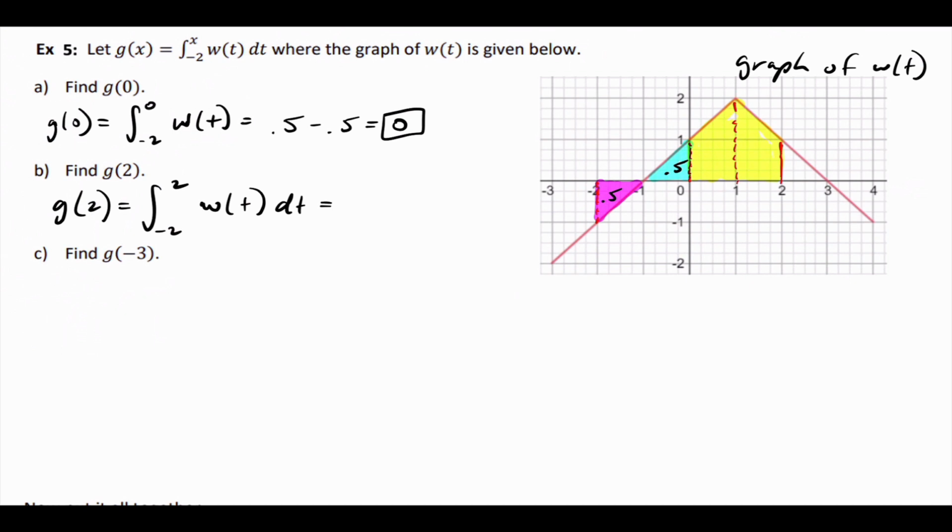So it's 3/2 or 1.5. Okay, so now I'm going to add 1.5 plus 1.5, which is 3. And you get area is 3.